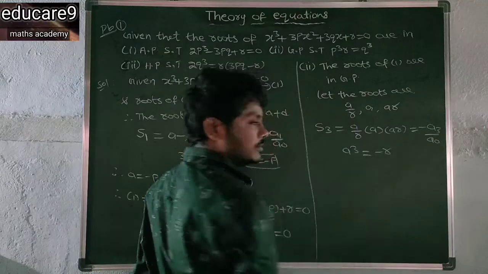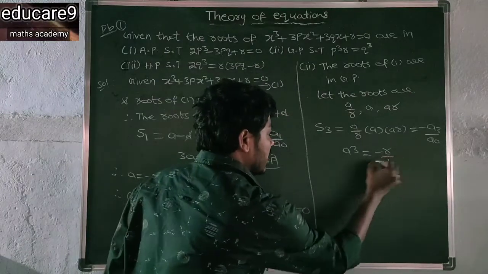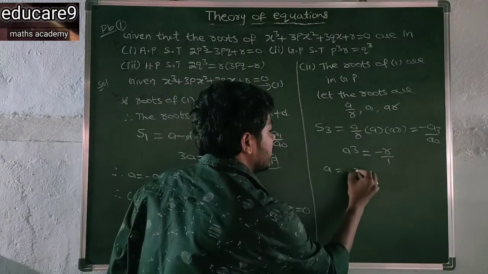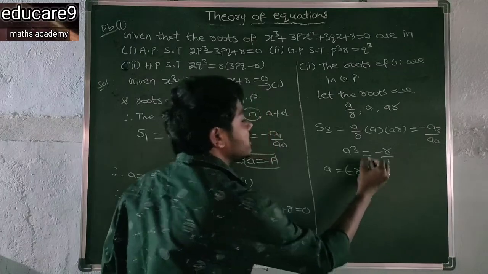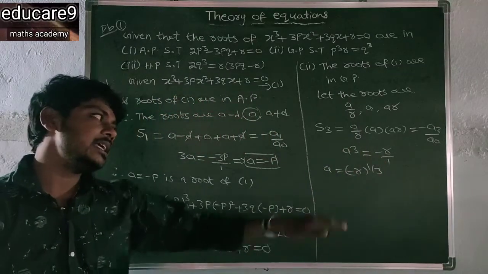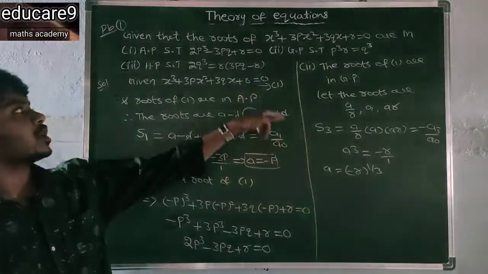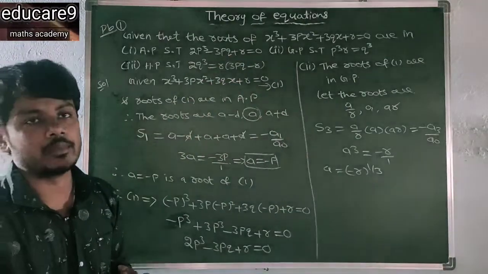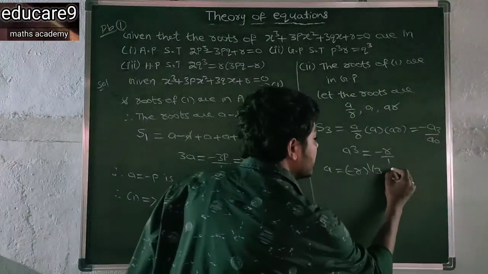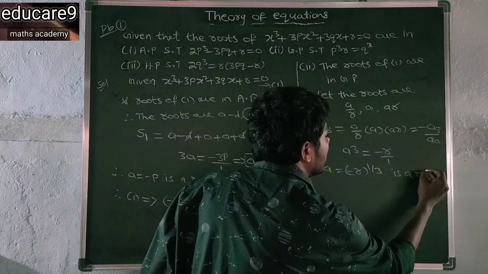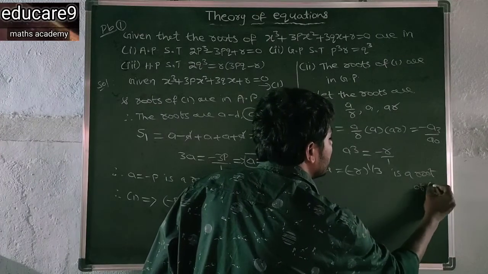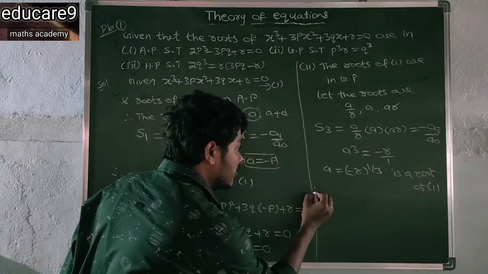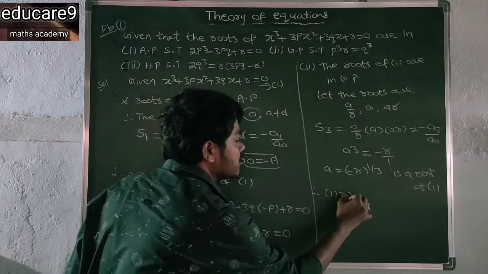A0 is 1 only. So clearly a is equal to minus r to the power of 1 by 3. But this a is the root of the given polynomial, so a is a root of 1. Therefore 1 implies.